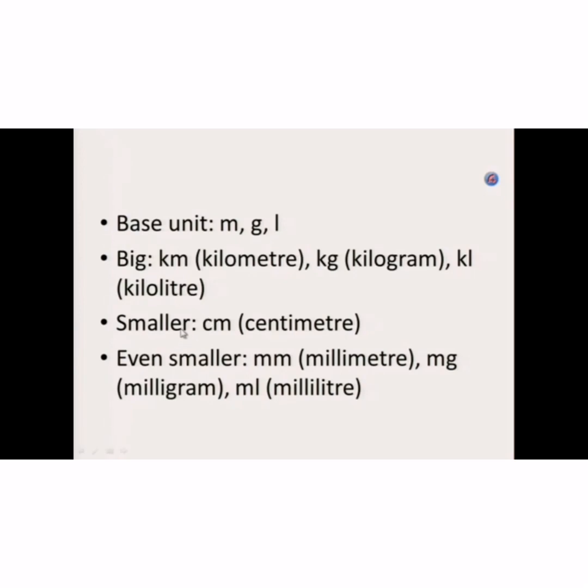If we have smaller amounts, we are going to use the centi, such as centimeter. I already told you that we do get centigram and centiliter, but that we do not usually make use of it in mathematical literacy. And even if we go smaller, we will get millimeter, milligram, and milliliter.